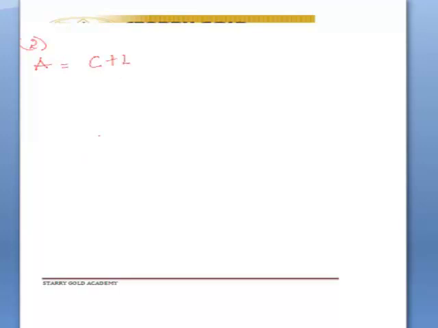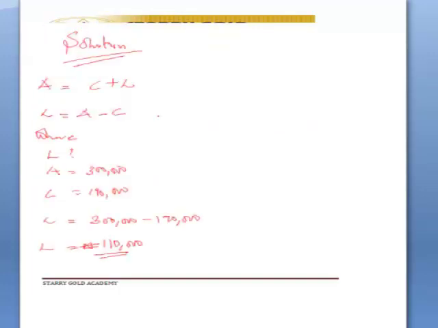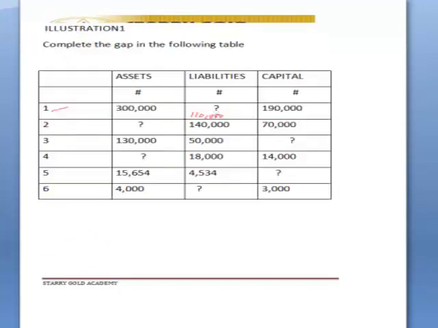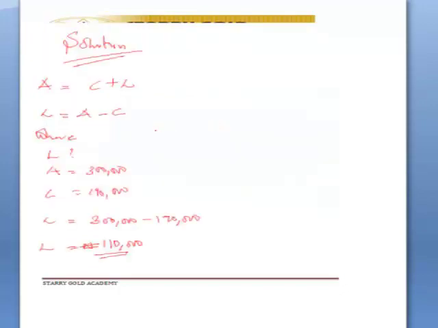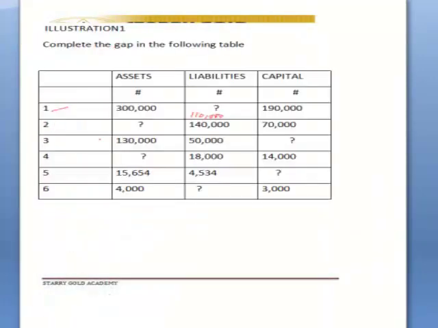Capital plus liability, where C is 70,000 and L is 140,000.